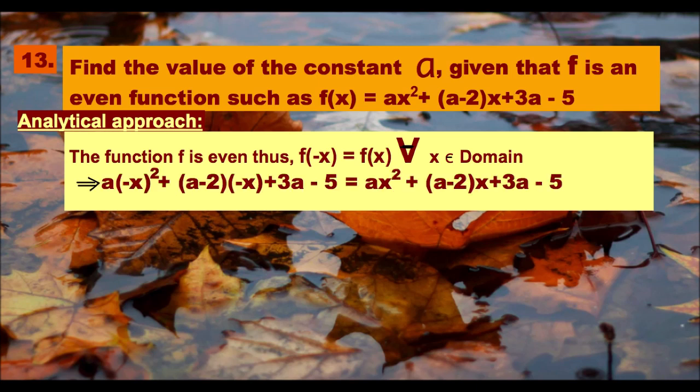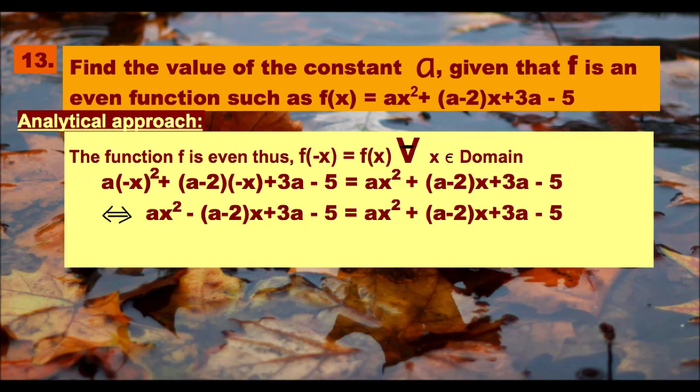Thus, a times (-x) squared plus (a minus 2) times (-x) plus 3a minus 5 equals ax squared plus (a minus 2)x plus 3a minus 5. Equivalent to ax squared minus (a minus 2)x plus 3a minus 5 equals ax squared plus (a minus 2)x plus 3a minus 5.